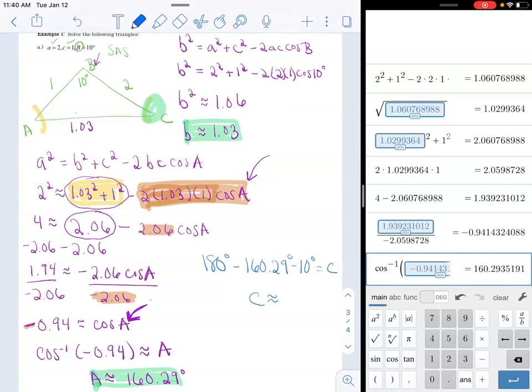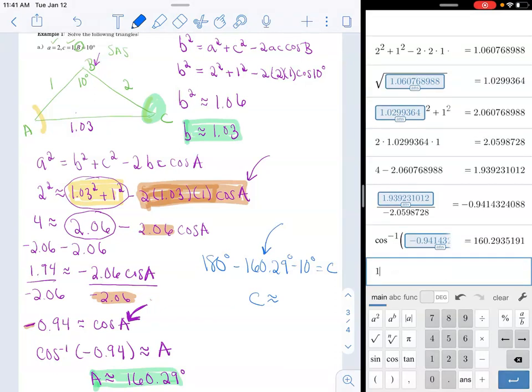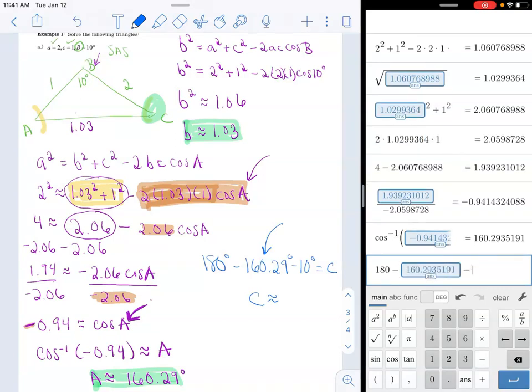I'm going to put approximately, since 160.29 was rounded. Now in my calculator, I do 180, take away my answer, and take away the 10 degrees that was given to me. So I get 9.71 degrees.